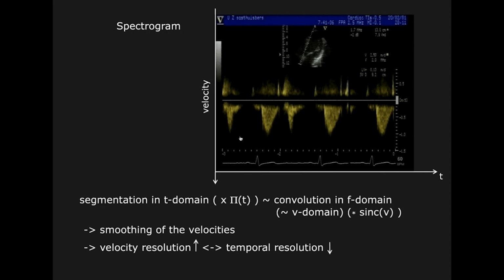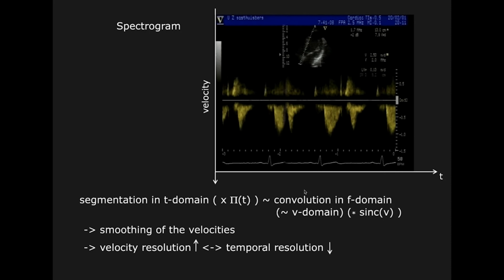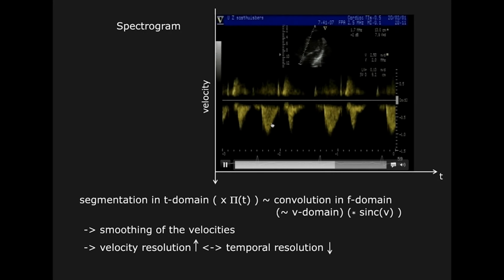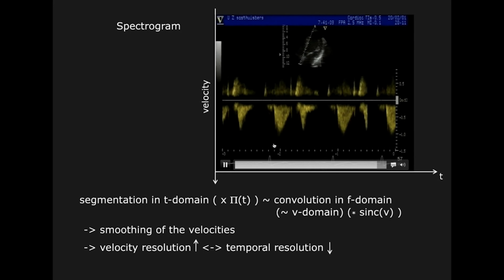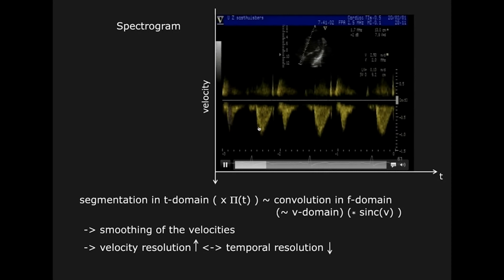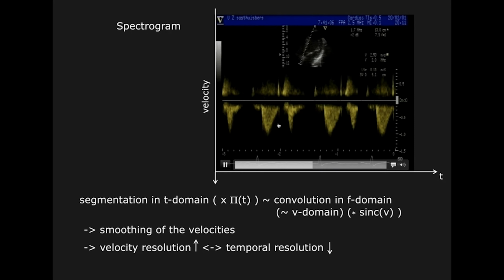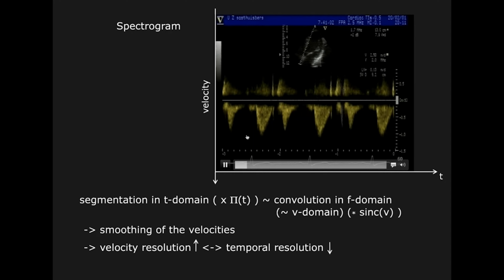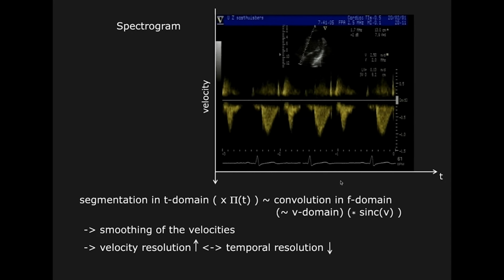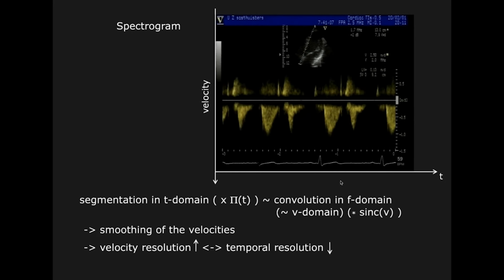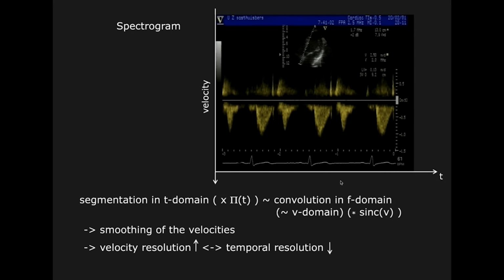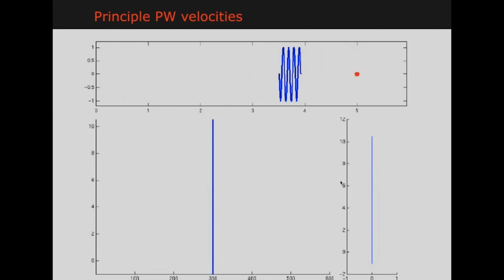Since we know that the highest Doppler shift corresponds to the highest velocity, the Doppler frequency that we plot is equivalent to the local velocity of the blood. The envelope of this, the highest velocities, we know come from the valve. This way we can do measurements of valves with a very good velocity resolution, but zero spatial resolution. We don't have any spatial resolution at all if we do it this way.